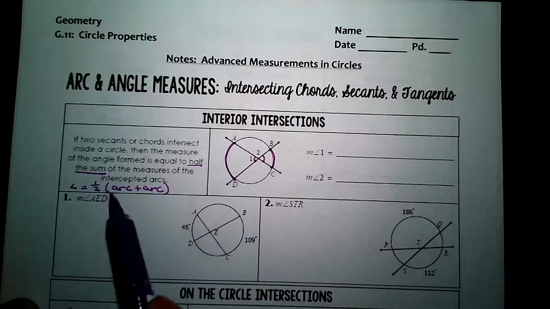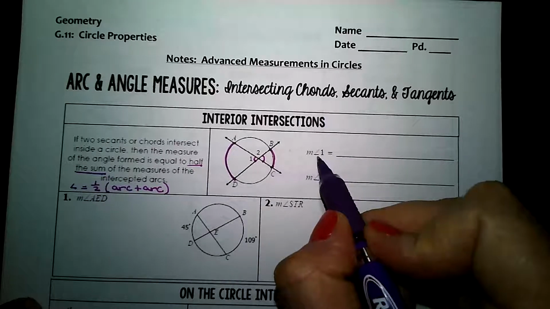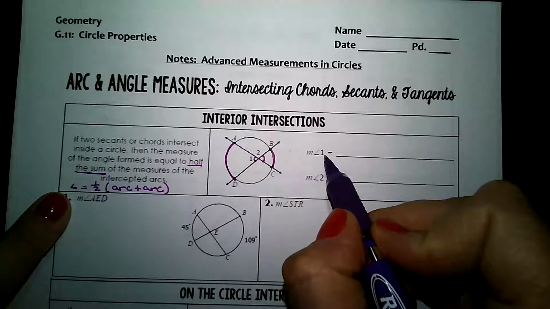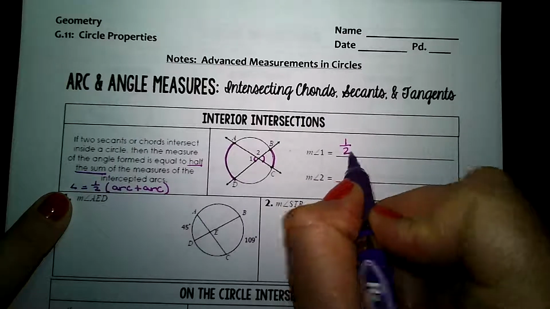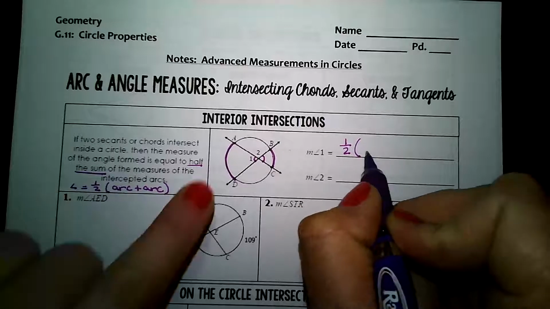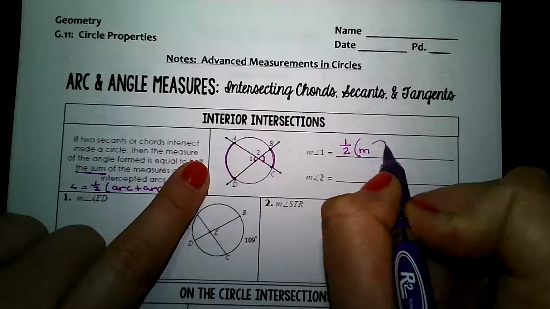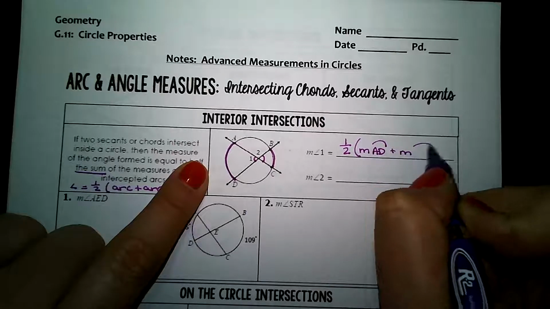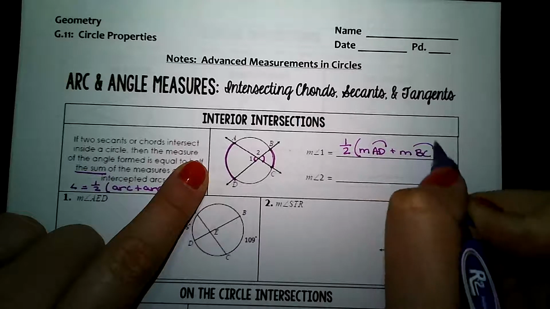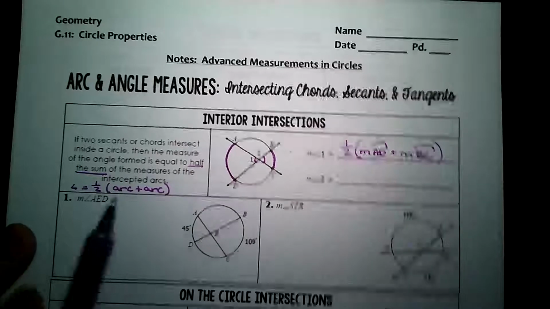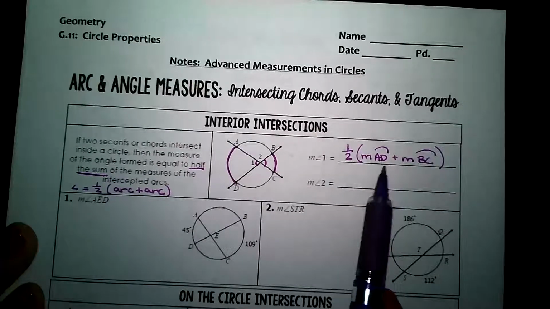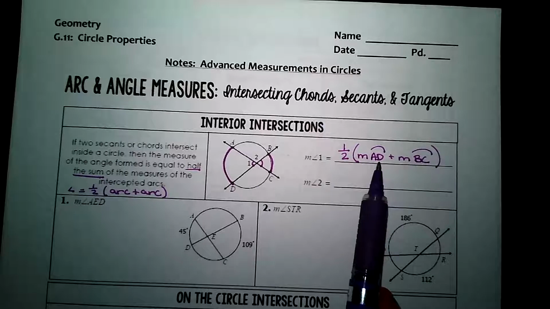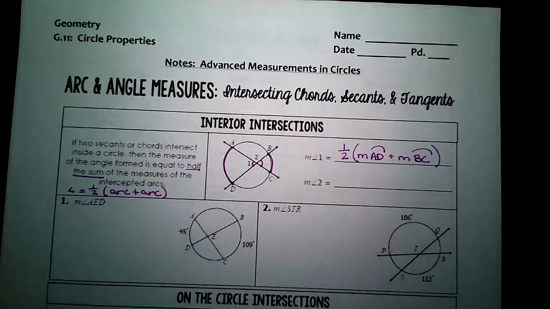So for this postulate to apply, the measure of the angle is equal to 1/2 of the sum of the measure of whatever AD is plus whatever arc BC is. So this pattern would be applied to this circle in this way if we're trying to find angle 1.